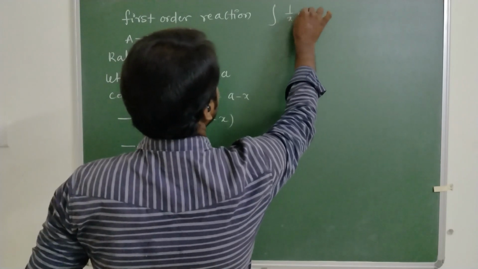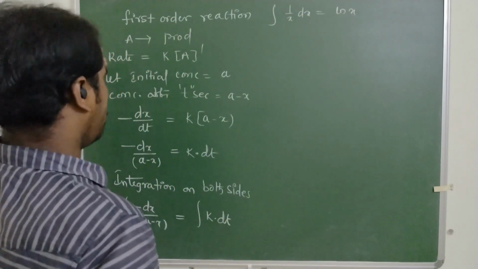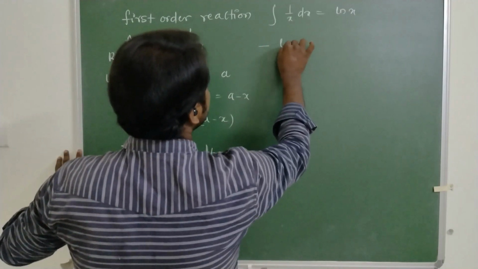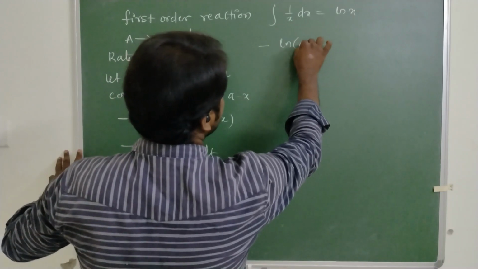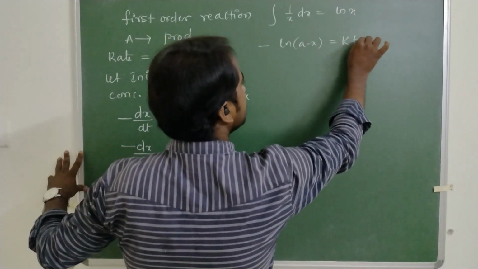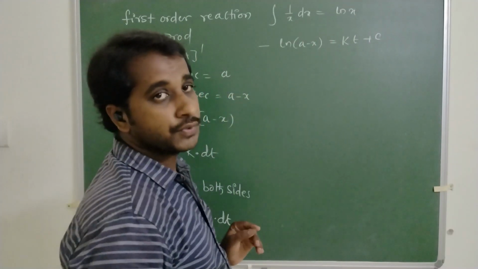So by using that formula, we can write minus ln (a minus x) is equal to kt plus c, where c is the integration constant.